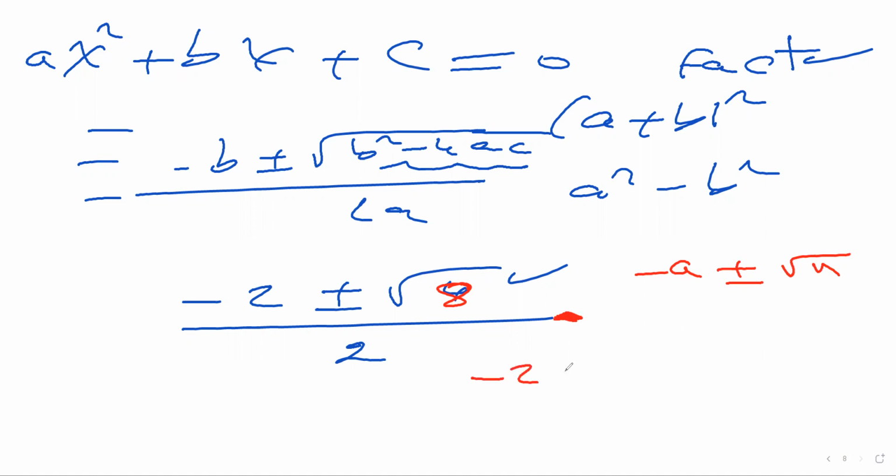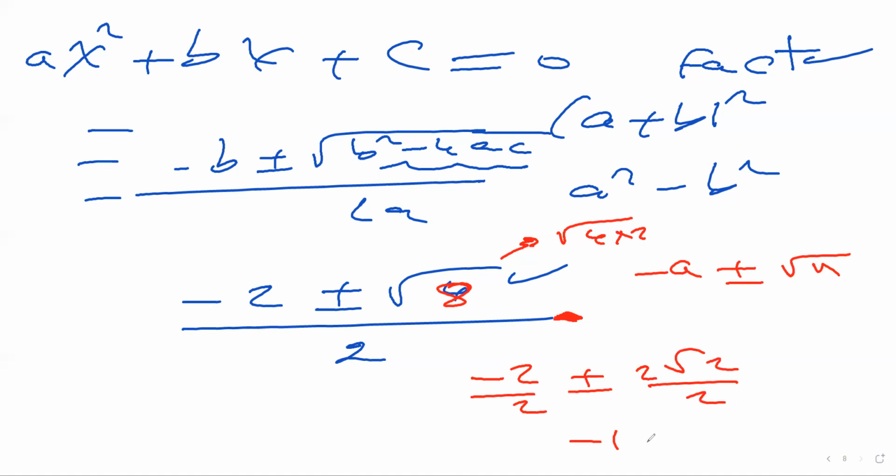So minus 2 over 2, because when we have one fraction I can split it, plus or minus. What is radical 8? 4 times 2, so it is 2 radical 2. So it will be 2 radical 2 over 2, so it will be minus 1 plus or minus radical 2. Comparing with this one, what is A? 1. And what is n? 2. Got the point?